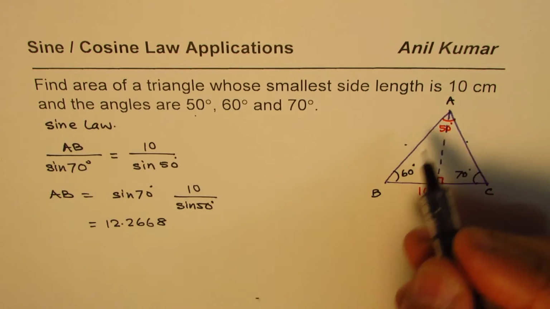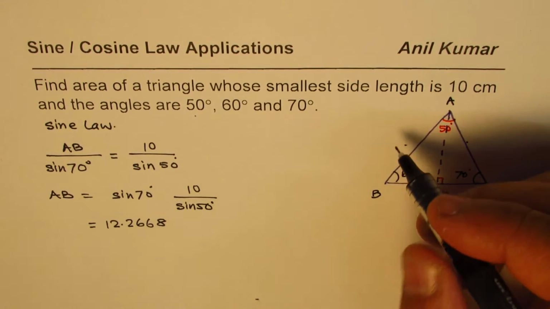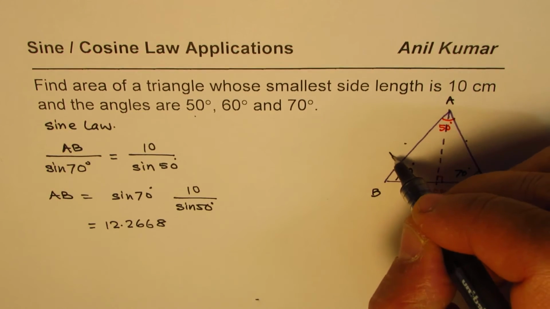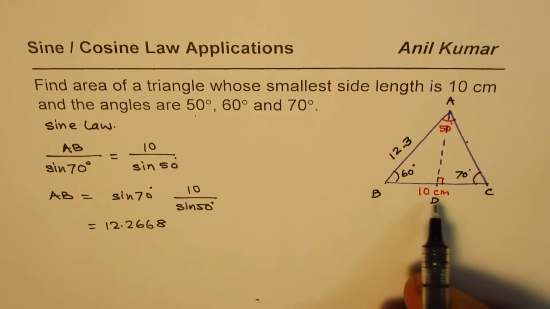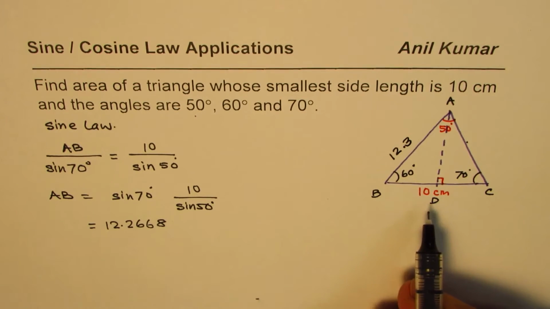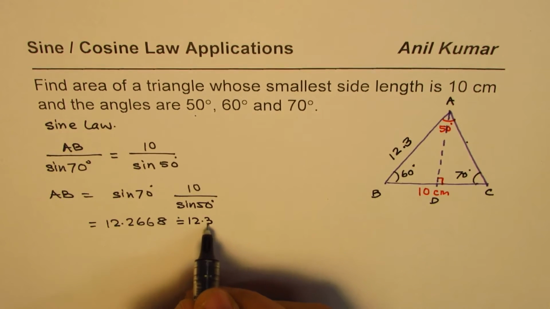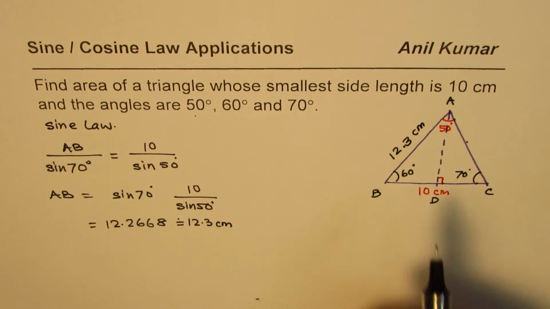So that becomes the side AB for us. We'll round to one decimal place since 10 centimeters is given to us. So we are rounding this to 12.3 centimeters.